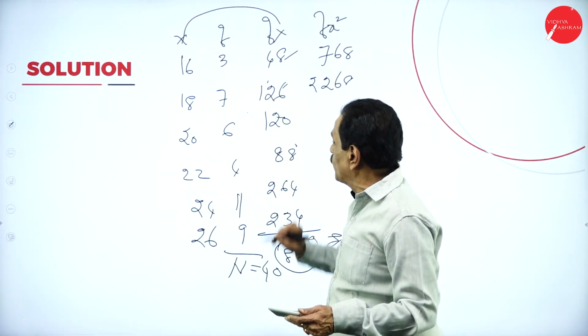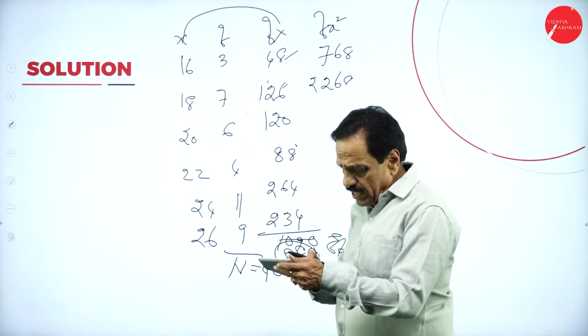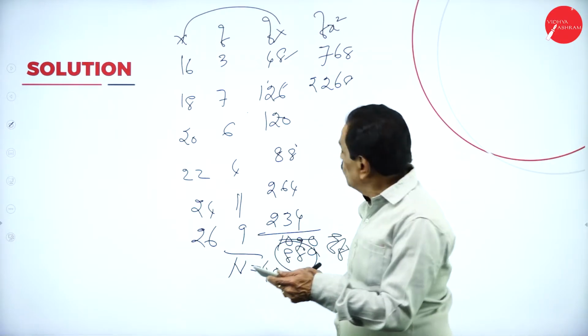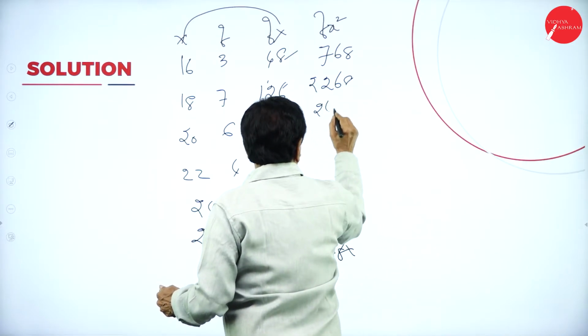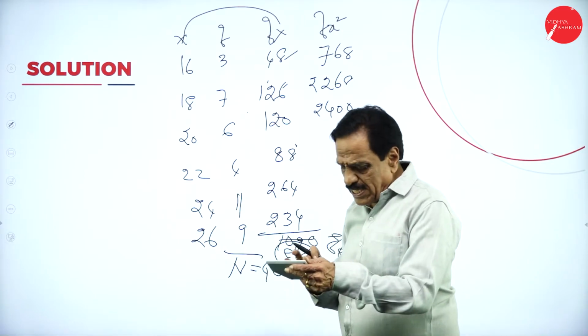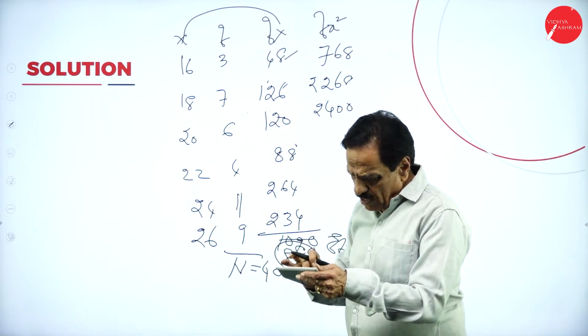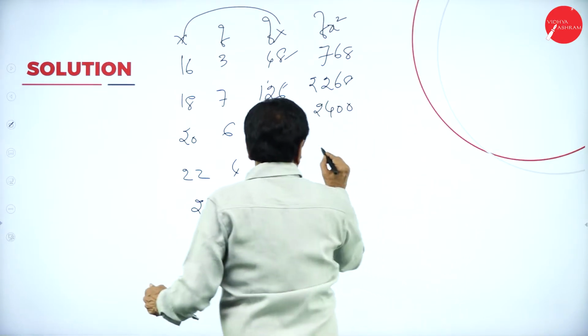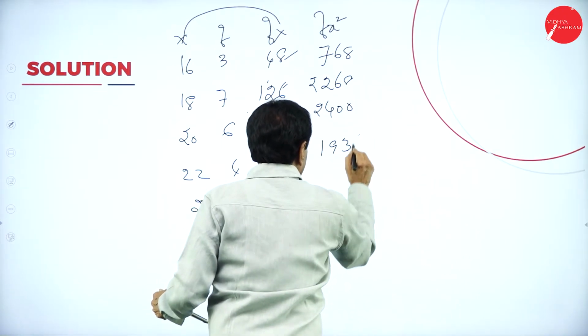Now 20 into 120, 2400. 22 into 88, 1936.